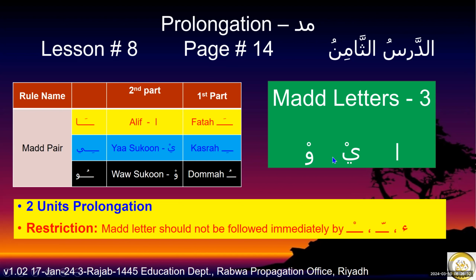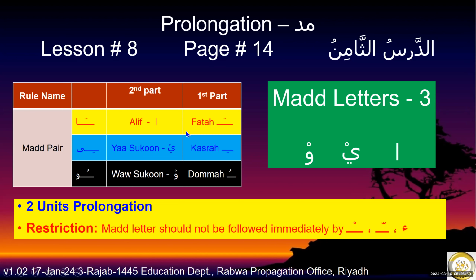When it comes alone, it is not a mad; it needs a combination. Preceding it there must be a fatha, kasra or dhamma. So this is a mad pair. Fatha followed by alif, kasra followed by ya sukun, dhamma followed by waw sukun: each is a mad pair.